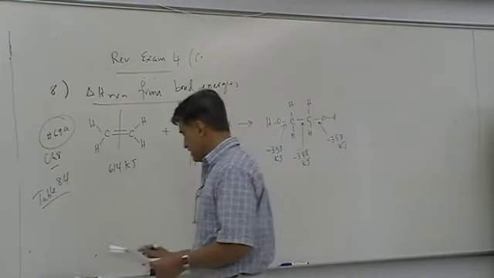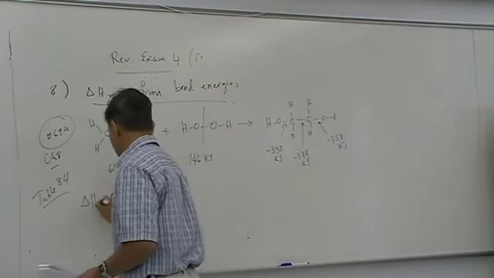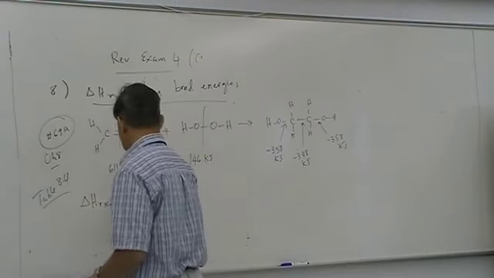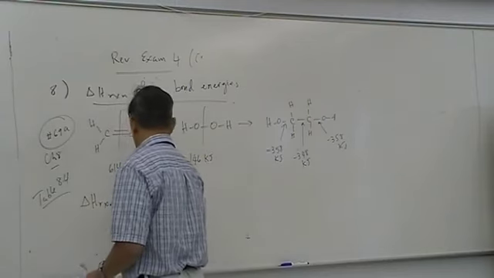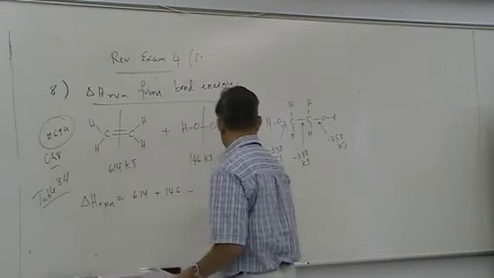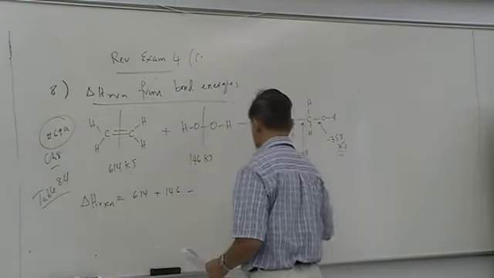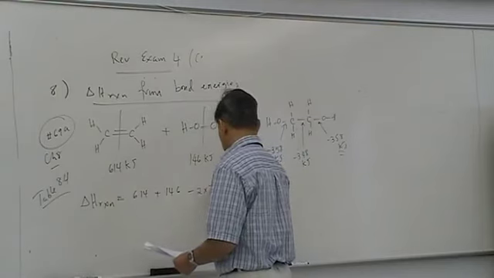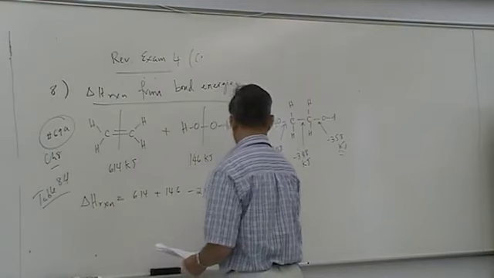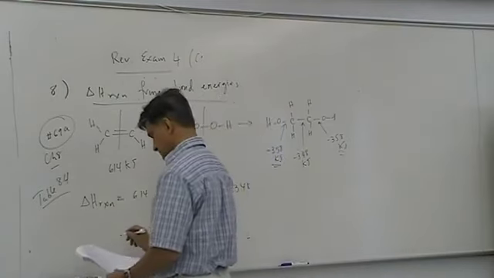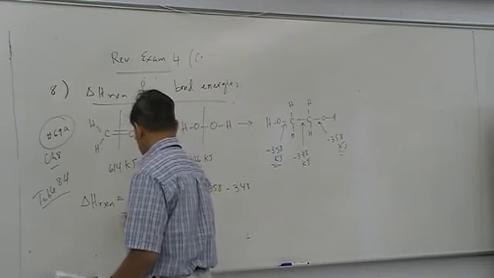So what is the total energy change? That gives me the heat of reaction. It will be given by just the sum of all these numbers: 614 plus 146 minus, there are two such 358, 2 times 358, minus 348. And that gives me 3 or 4 kilojoules.